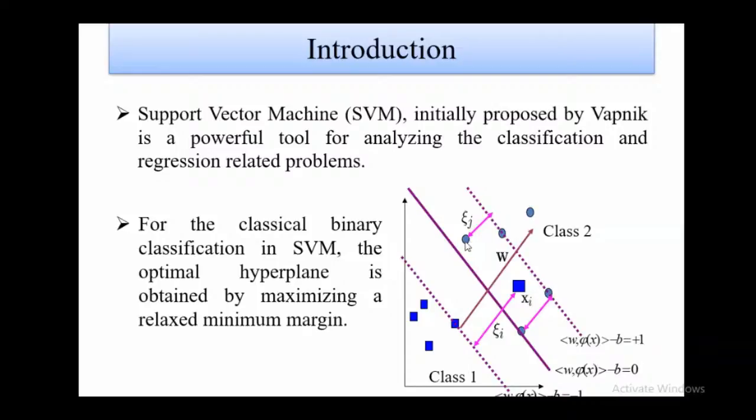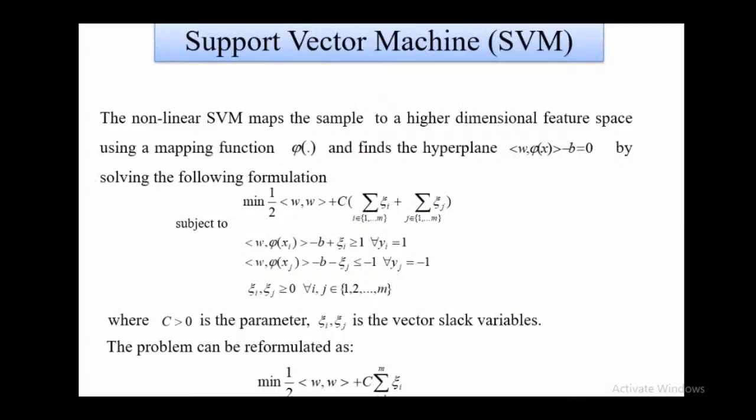In that case there will be some error, so the slack variables zeta i and zeta j contribute error, and that also you have to minimize. So ultimately you are maximizing the margin and minimizing the error, and these two things you combine with the regularization parameter C, which should be positive.